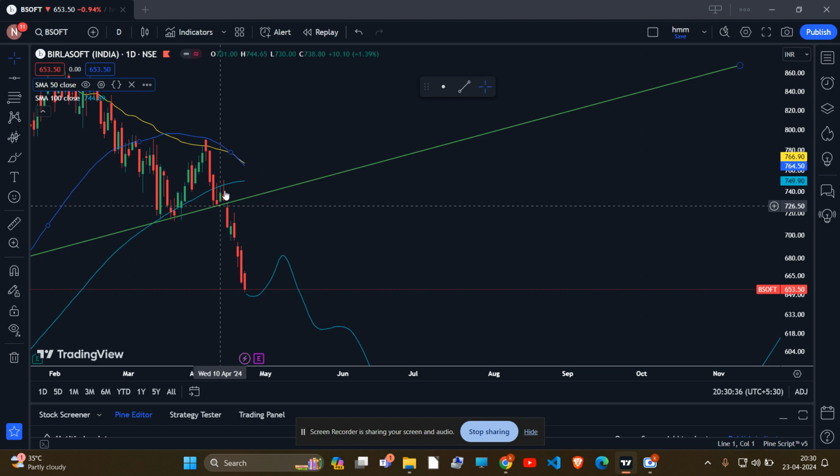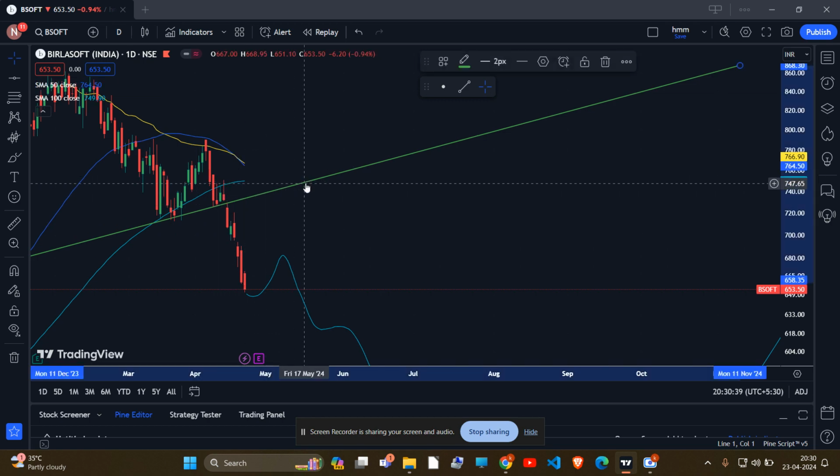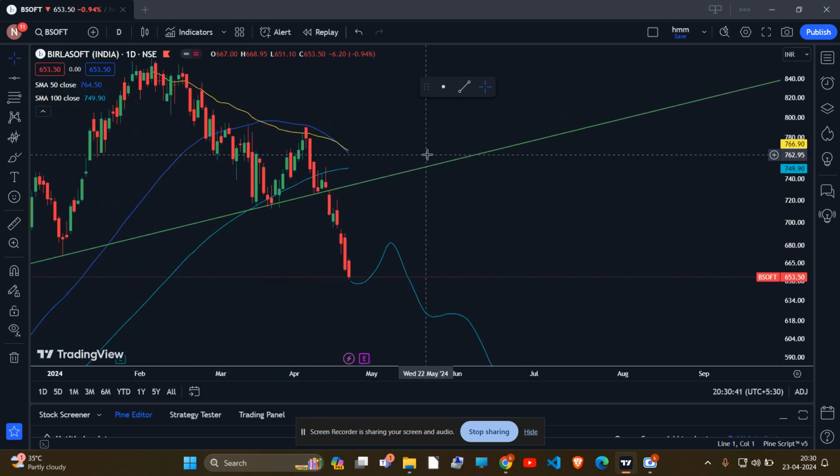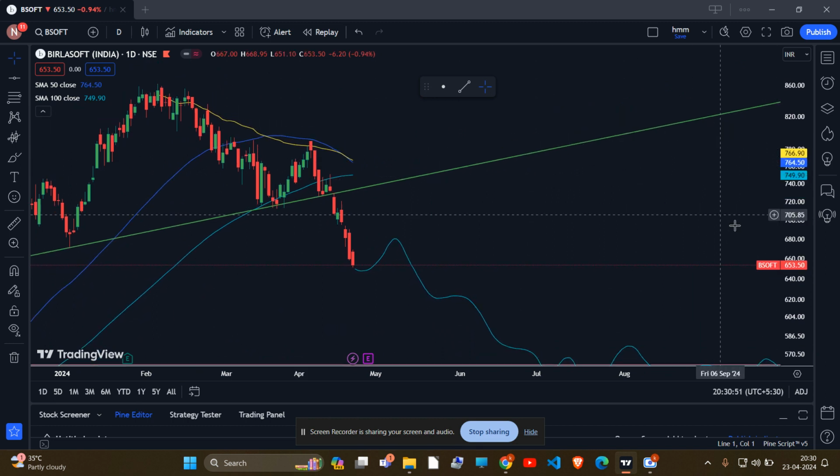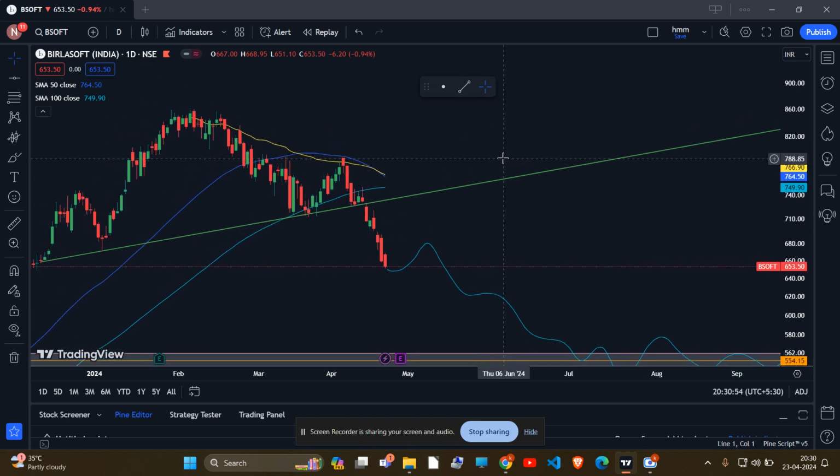It couldn't give a closing above the 100-day simple moving average. The same thing happened over here. It couldn't give a closing above the 50-day simple moving average at this point on 4th April. It means that it's a very good resistance zone.